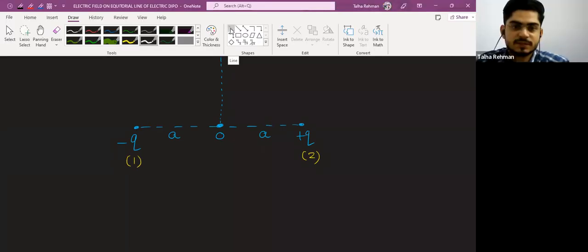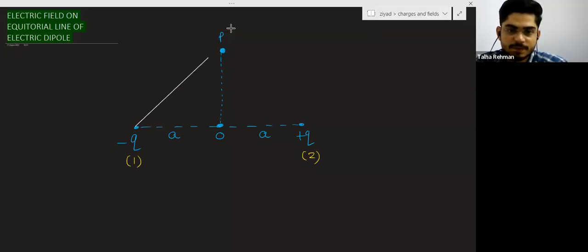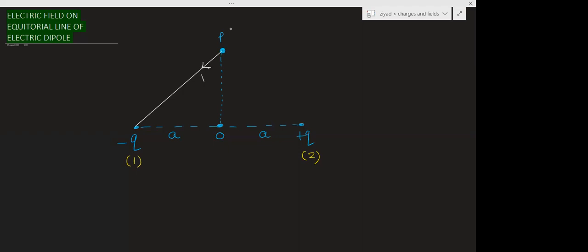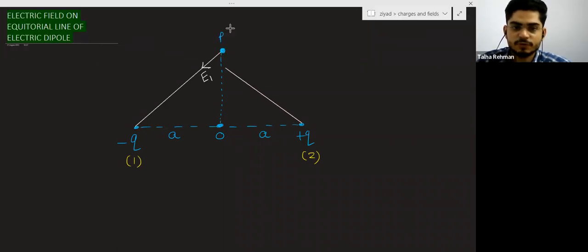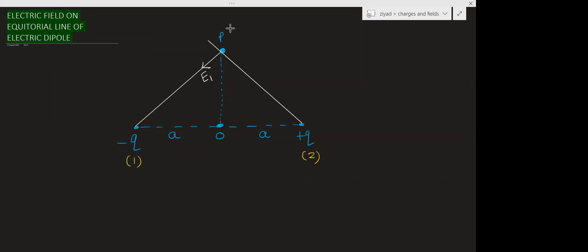First join this point with point P, and as this is a negative charge, the direction of the electric field will be in this direction. This will be E1. Now join this. Very simply you will get the answer.